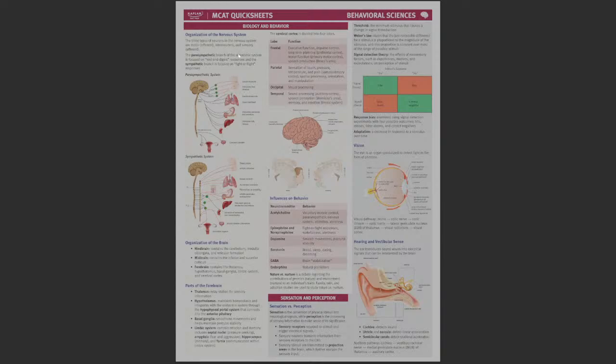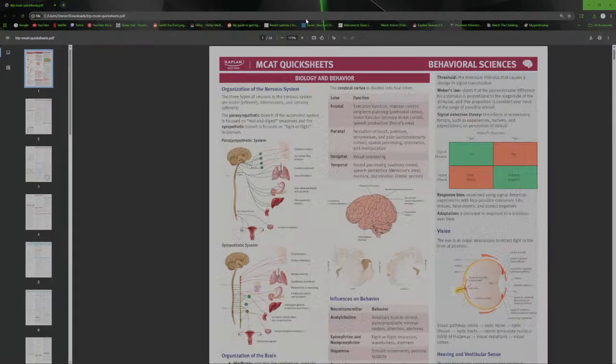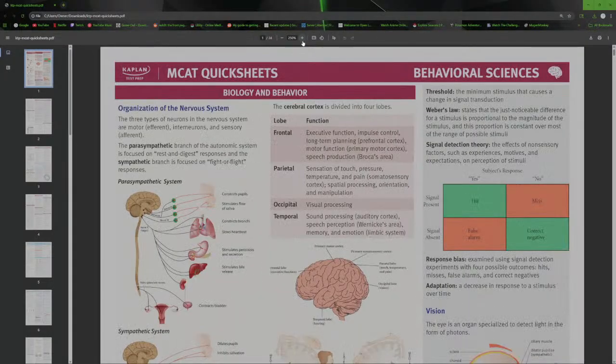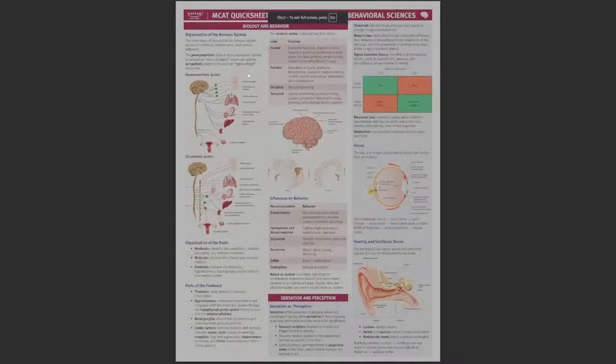So, let's see if I can make this a little bit bigger here. Zoom in a little bit. There we go. I'll just do it like this. Why not? So let's start.